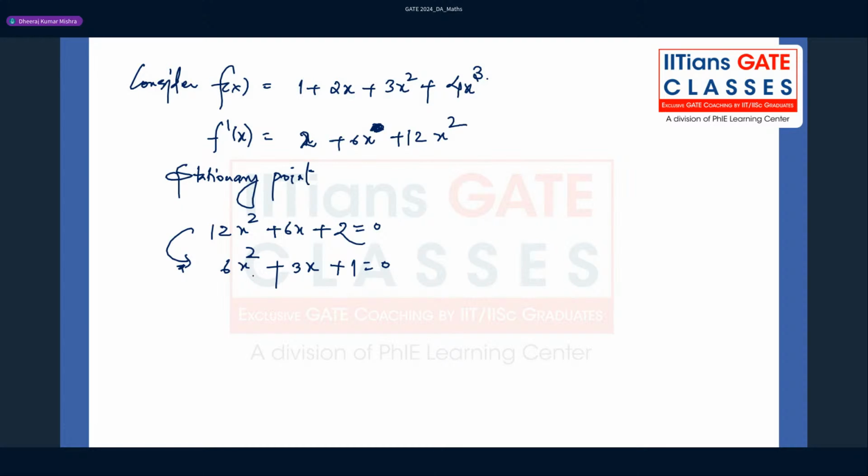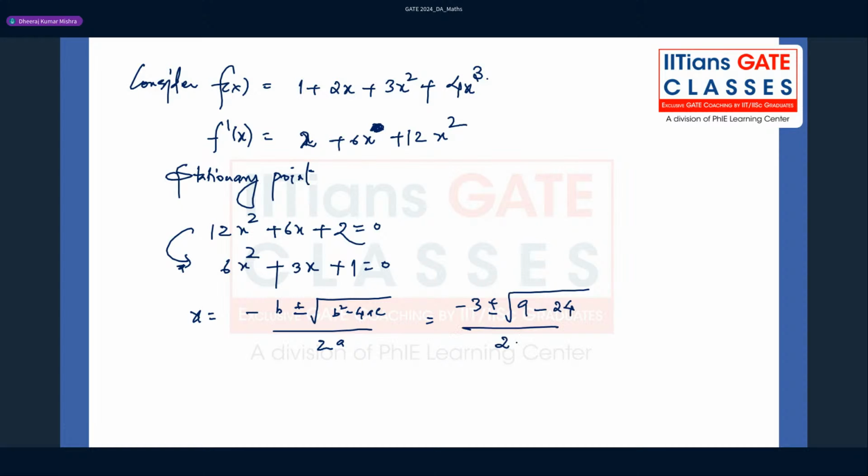Now you can find the stationary point. Since it is a quadratic equation, x equals minus b plus minus square root of b square minus 4ac, by 2a. I believe everybody knows this formula. So you put minus 3 plus minus square root of b square, that is 9, minus 4ac, that is 24, by 2 times 6.